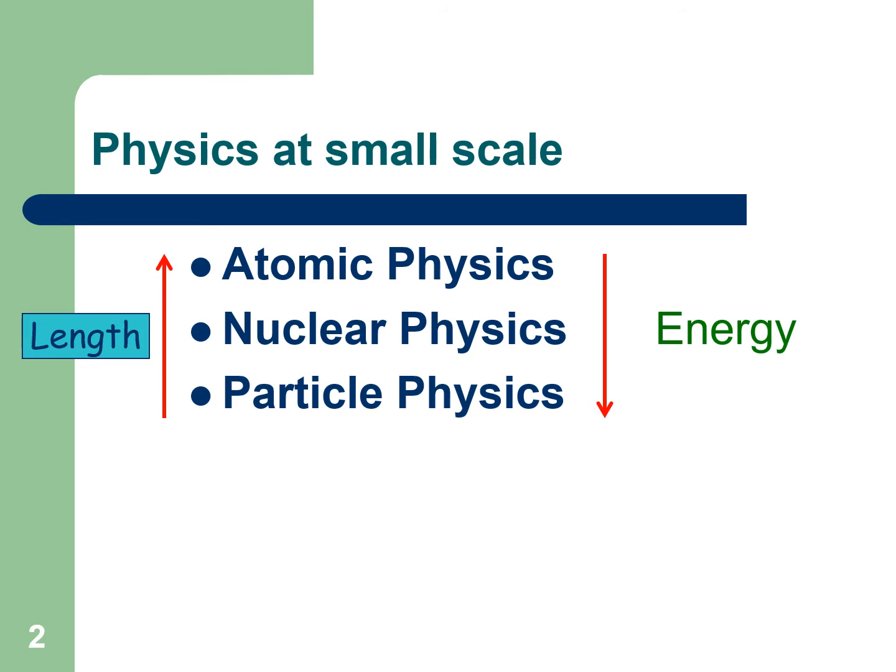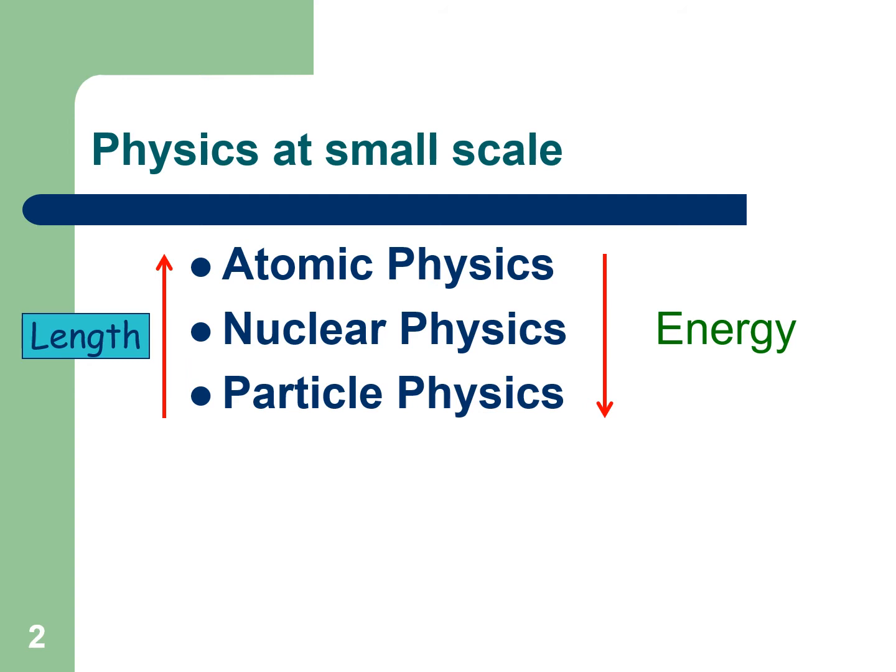Size does matter. As we move from atomic physics to nuclear physics to particle physics, the length decreases and the energy of exploration increases. In atomic physics, the length is of the order of angstrom.